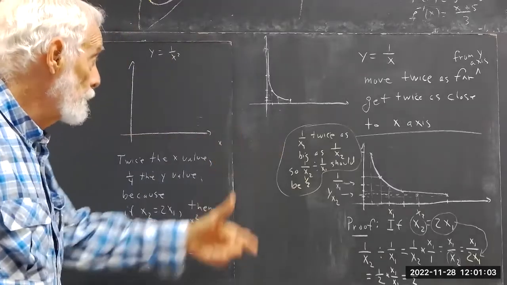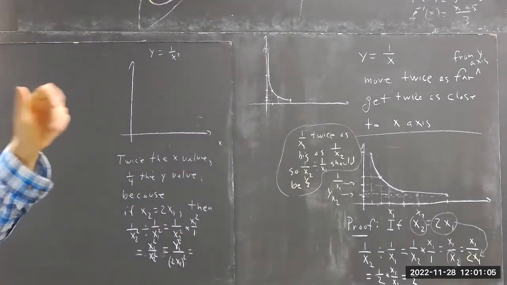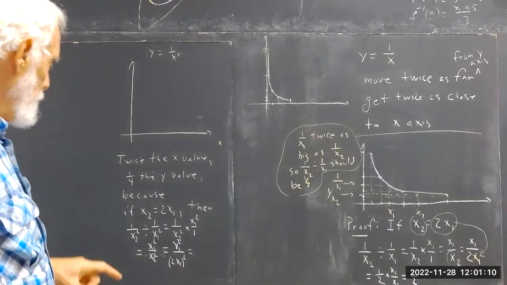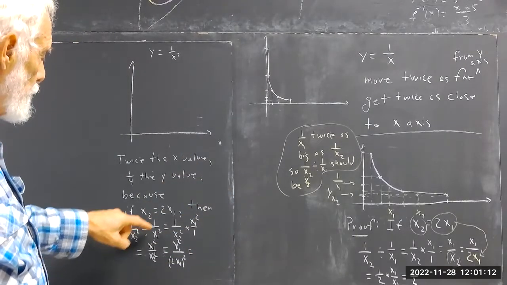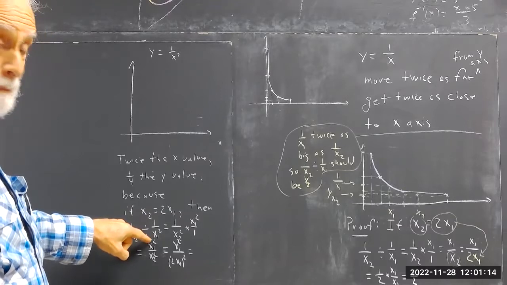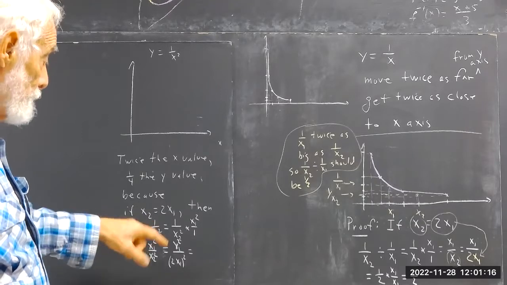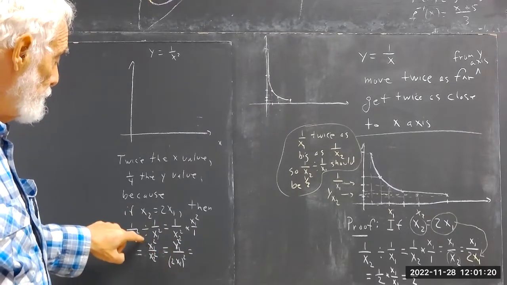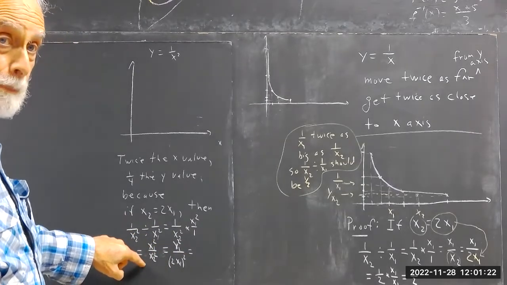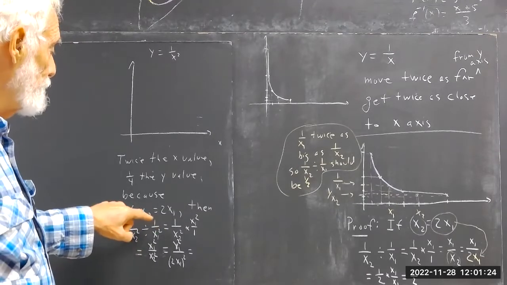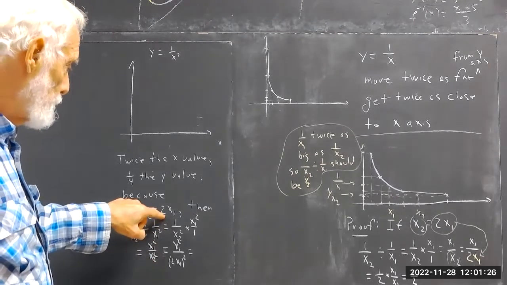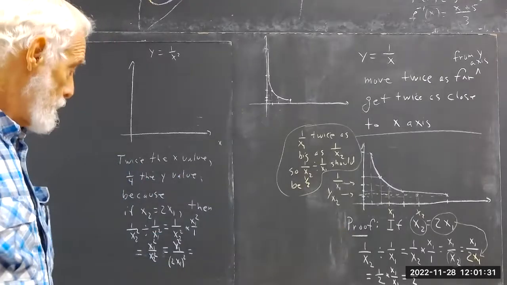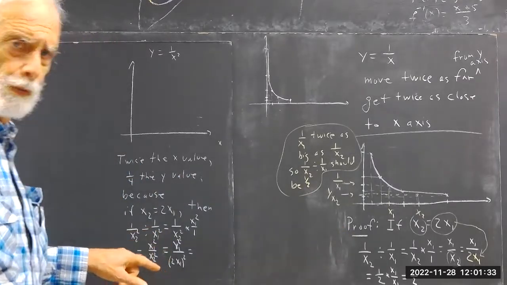Here we're using the 1/X squared function, the reciprocal square function. And we're getting 1/X2 squared divided by 1/X1 squared. And by a series of simple steps, that's X1 squared over X2 squared. We replace X2 with 2X1, just like we did over here. So can we simplify this fraction?